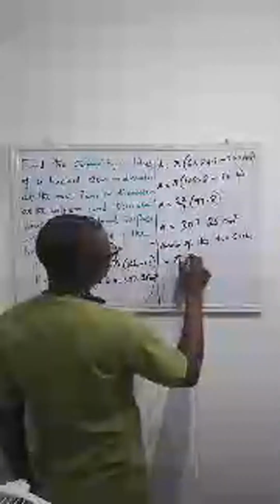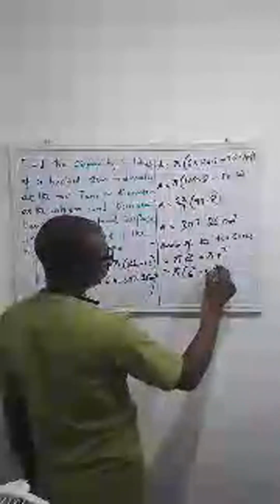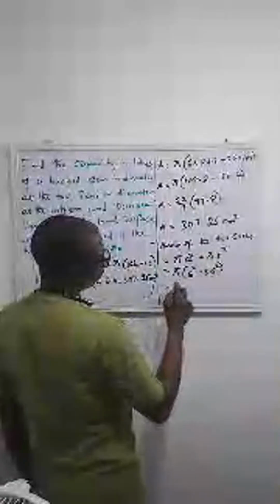Pi r square plus pi r square. Okay, so I can factor this out. So I can have pi. All right, let me factor that out. R is what? That's the bigger one, that is 6 square. Plus the smaller one, that's 3.5 square.